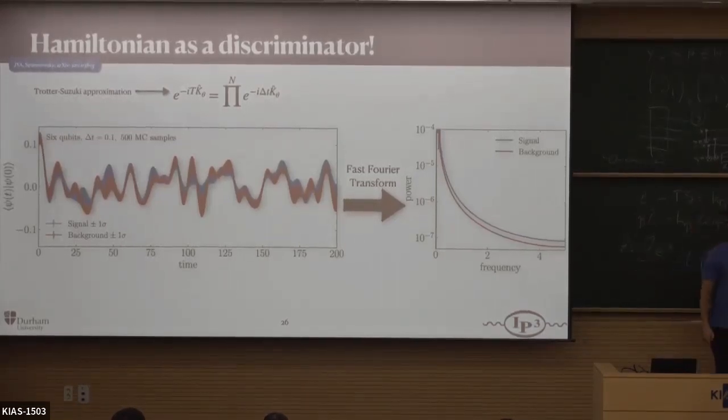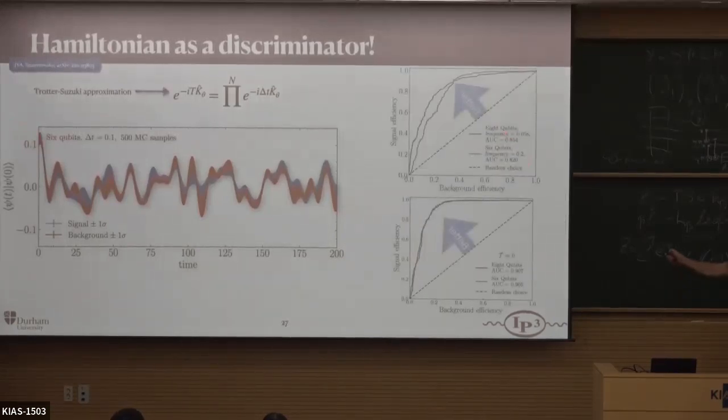I also calculated the expectation value at time equal to 0 state at this point. I can use the Hamiltonian that I learned to classify signal from background. I did it for 6 qubits and 8 qubits, and as you can see, they are giving me quite nice results for different scenarios.